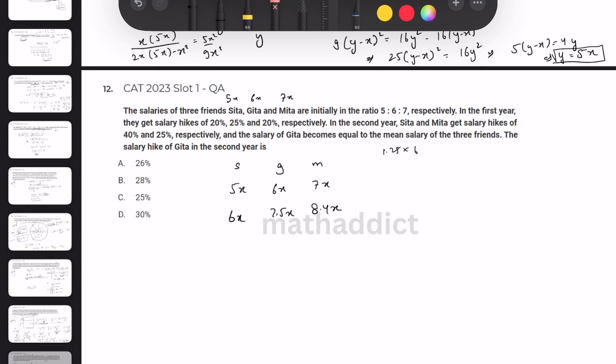In the second year, Sita gets a salary hike of 40%, so 1.4 into 6 is 8.4x. Salary of Geeta is something. Meeta gets a salary hike of 25%, so 1.25 into 8.4, which is 5/4 into 8.4, 10.5. So her salary becomes 10.5x.